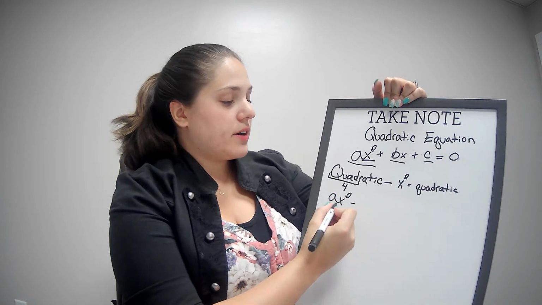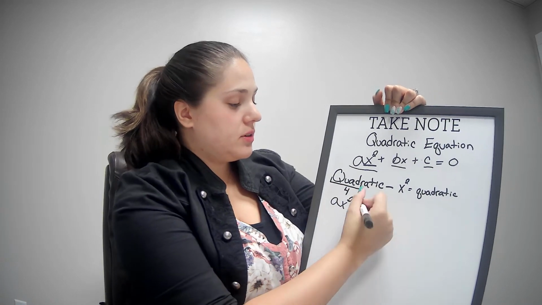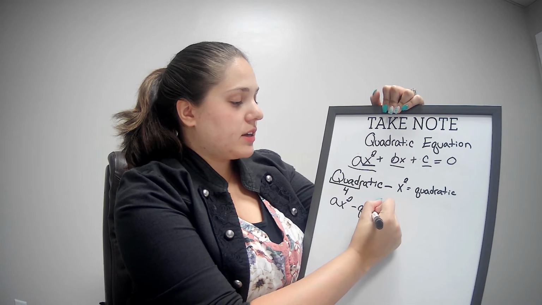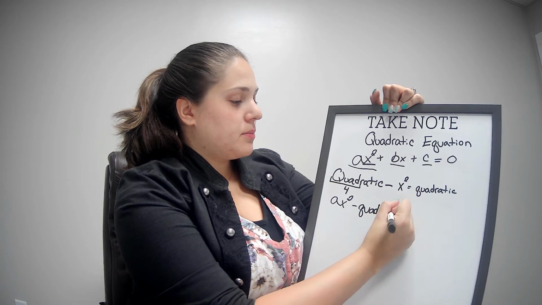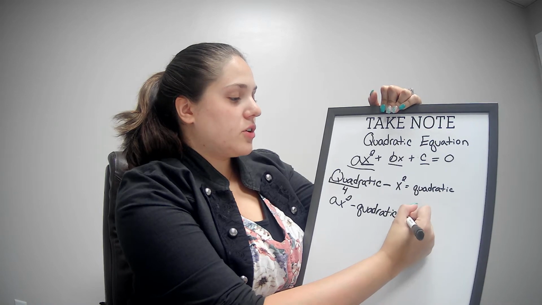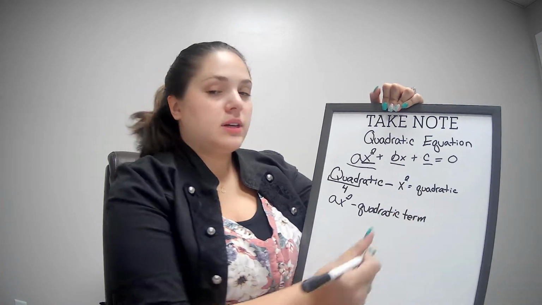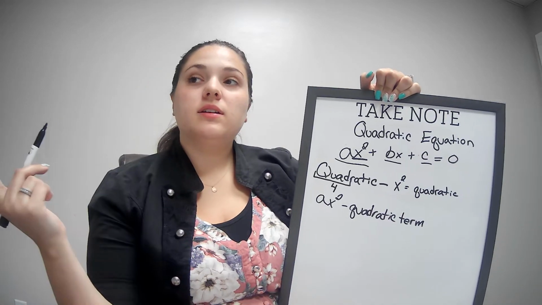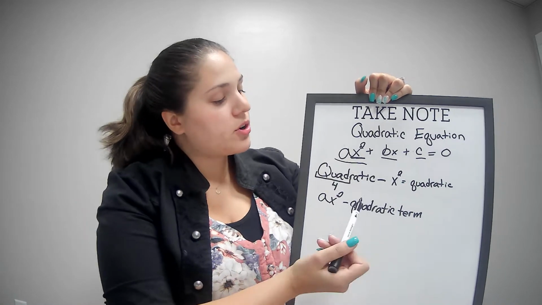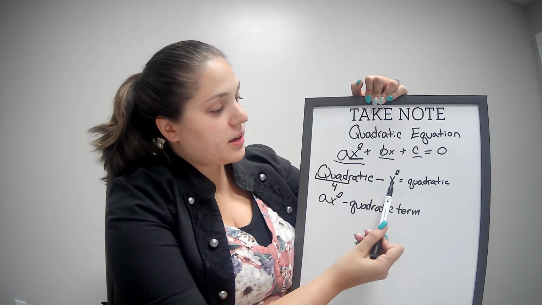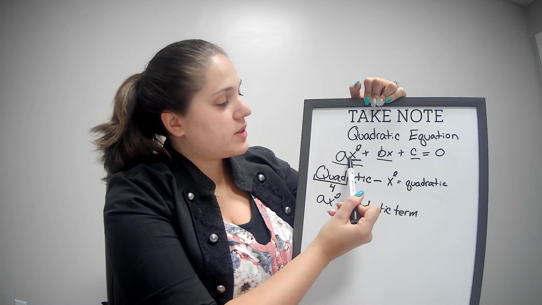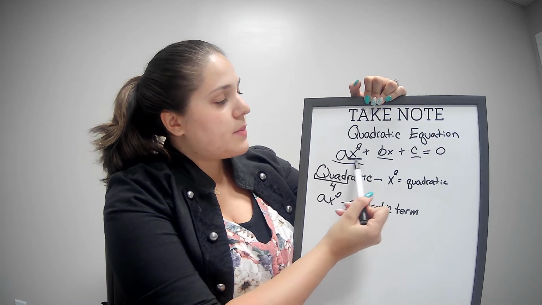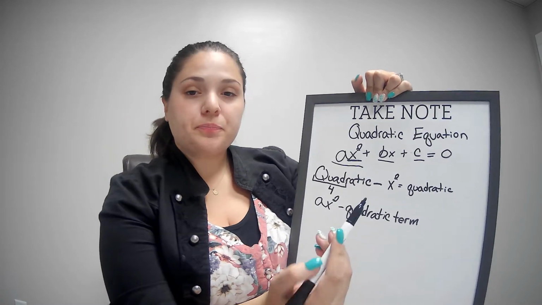Exactly, ax squared means that it's a quadratic term. So you can put quadratic. It's our quadratic term. Yep, and how do we know that? Absolutely, we know because of what we just said. Quadratic is x squared. It means it's quadratic. So we see that this x squared here makes this first term quadratic.